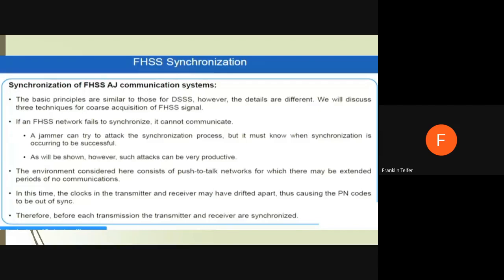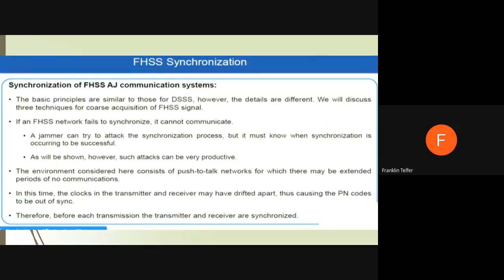The environment consists of a push to talk network. Let us take a push to talk network where there may be extended periods of no communication. There is an application of push to talk in the military. They have a button, they push the button and talk, and release it.